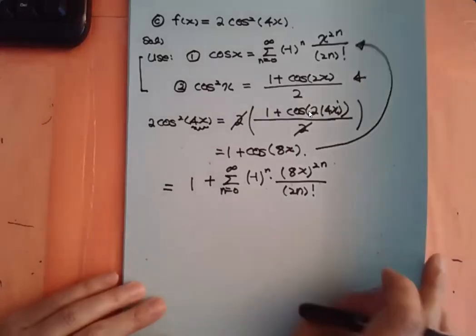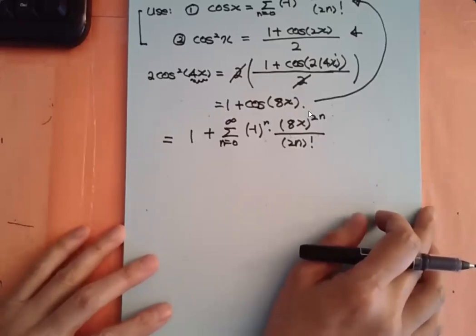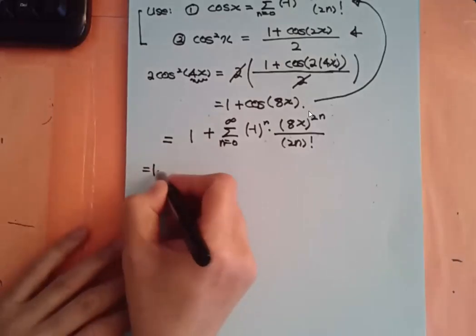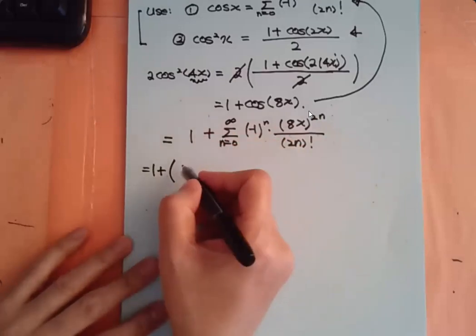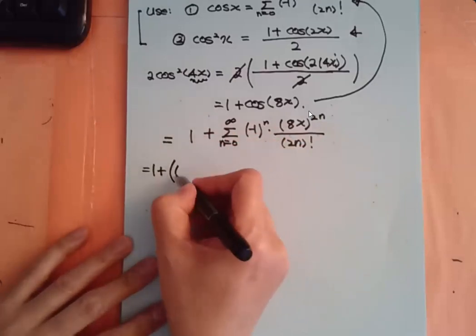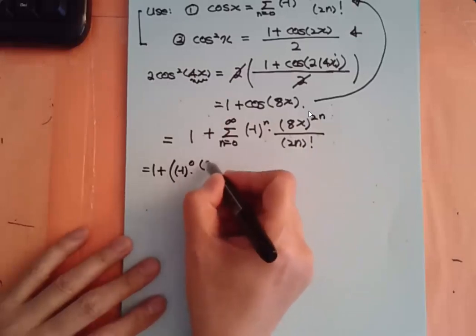We are thinking about the first 4 terms. So let's do it. This is 1 plus, we will think about the first 4 terms here. And n starts with 0. N equals 0, so negative 1 to the 0 power.